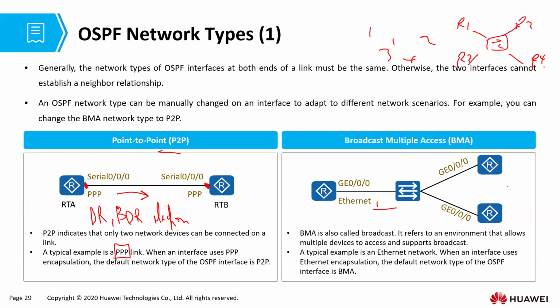We define a designated router. So instead of having my relationships between 1 and 2, there's a relationship needed between these two, another relationship here, then R3 and R2, then R4 and R1. That's approximately 6 relationships.